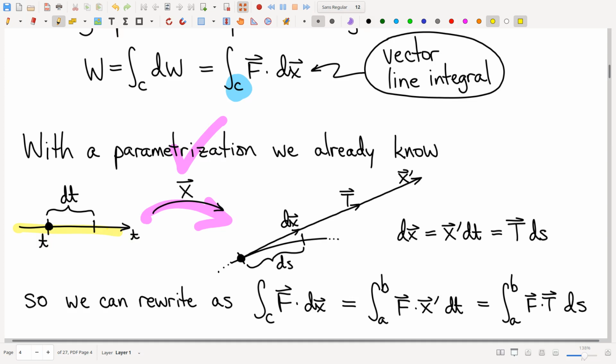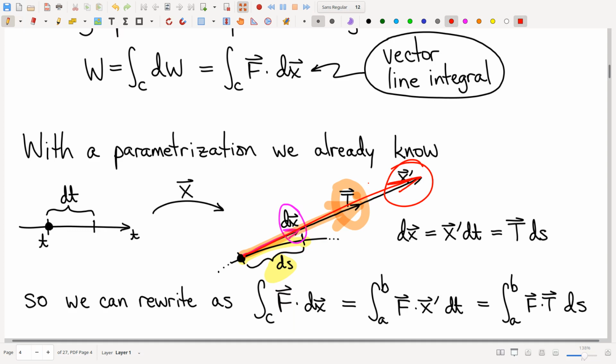And again, good news, we already have a bunch of development on this. We've already developed the idea of the length of a little piece of curve. We've already developed the idea of a displacement differential, dx. We've already developed the idea of a unit tangent vector, capital T. And we've already recognized that the velocity, x prime, relates to these things.